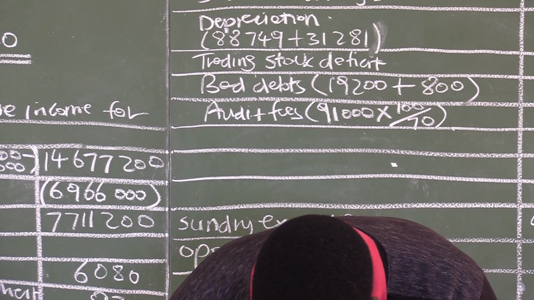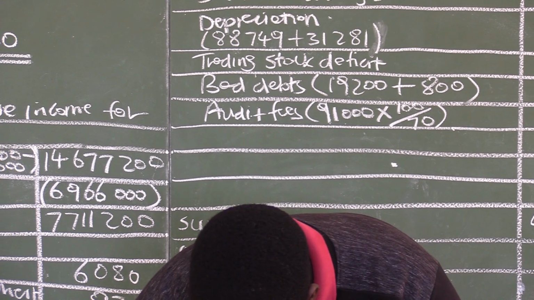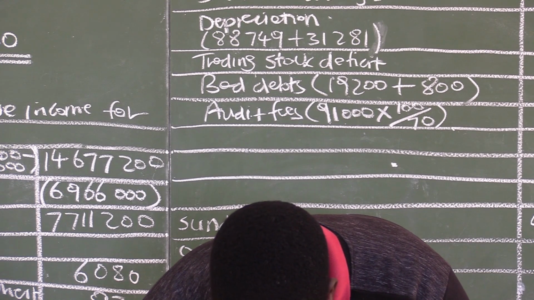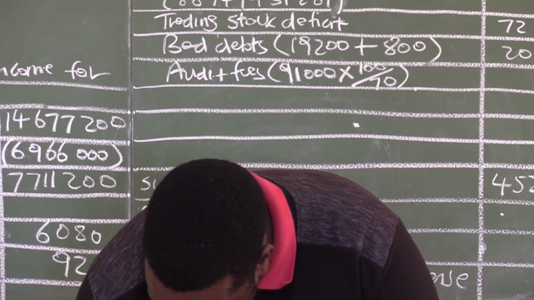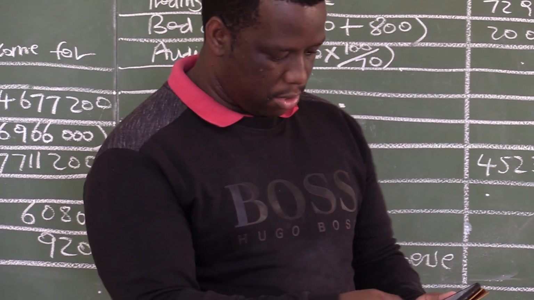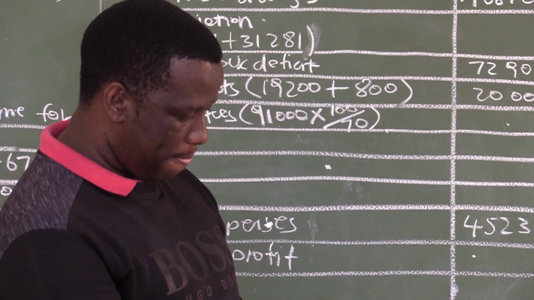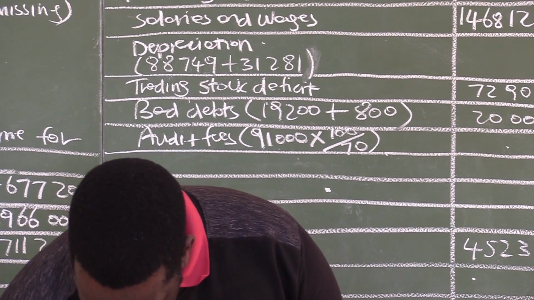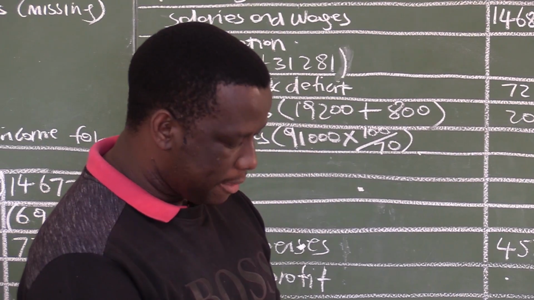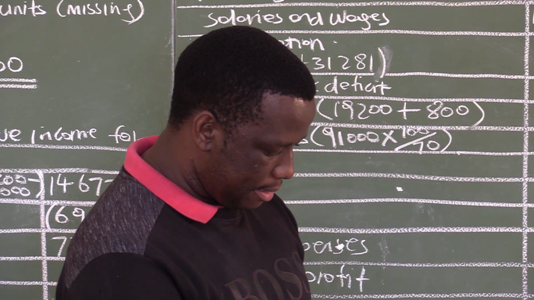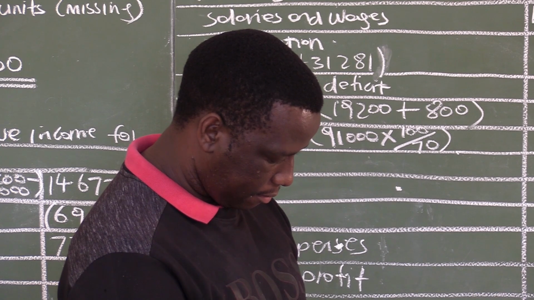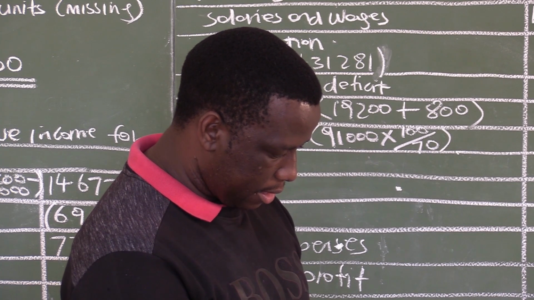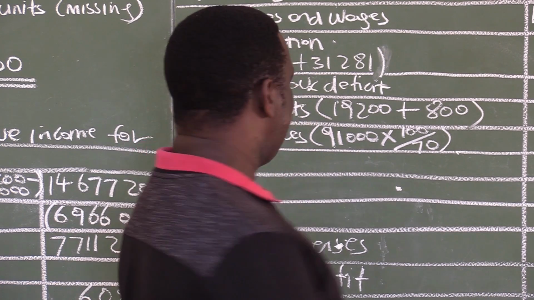That's 91,000 audit fees, and 30% is still outstanding. Oh yes, we are correct. 91,000 multiplied by 100 divided by 70 is 130,000.